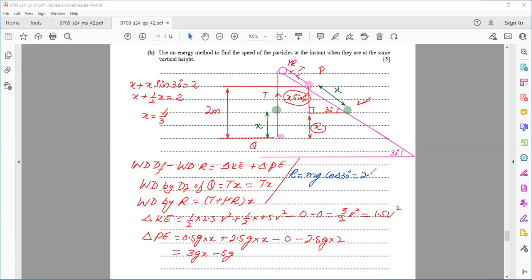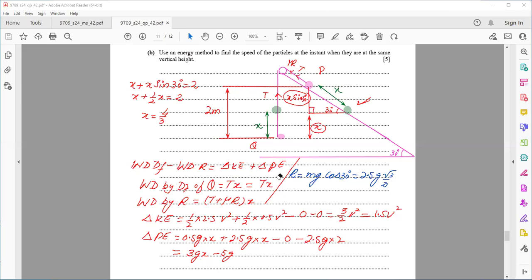M means 2.5, g as it is, and cos 30 means root 3 by 2. And the value of mu, already given in the last part, is 0.2. So you use the whole equation. This is the first value, the change in potential energy, and this one is the kinetic energy change. All these things I will get and put the values in step by step.